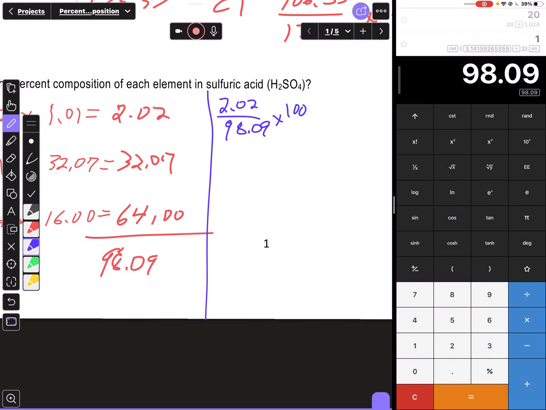Multiply it by 100 to get a percent. For sulfur, it's 32.07 divided by the total molar mass, 98.09, times 100. And then for oxygen, it brought in 64.00 grams divided by the total, 98.09, times 100.